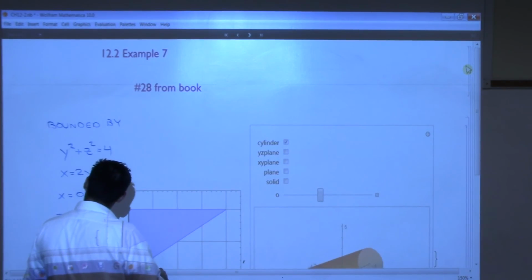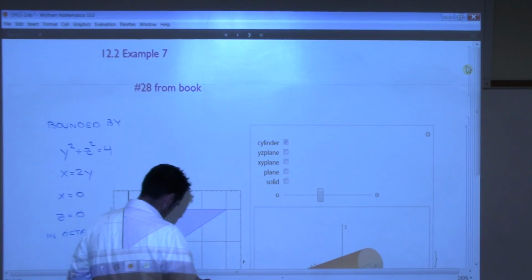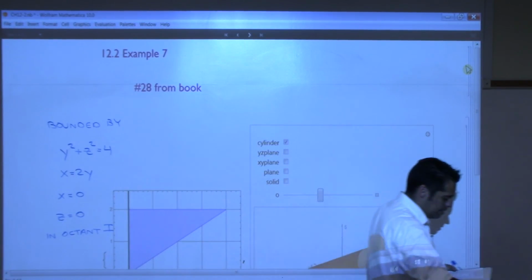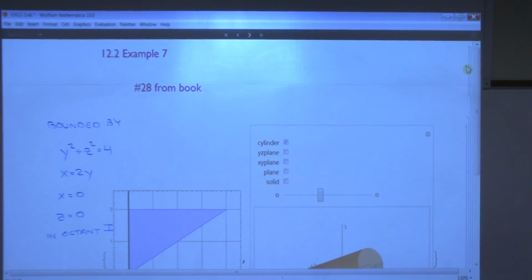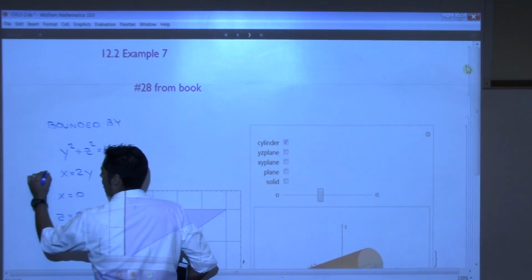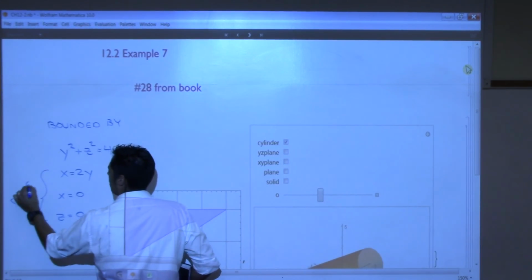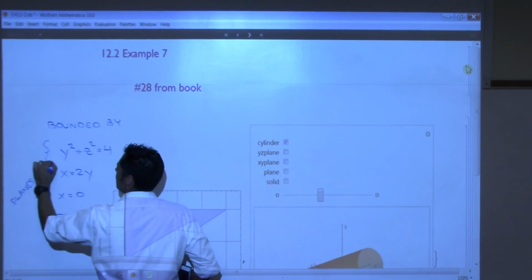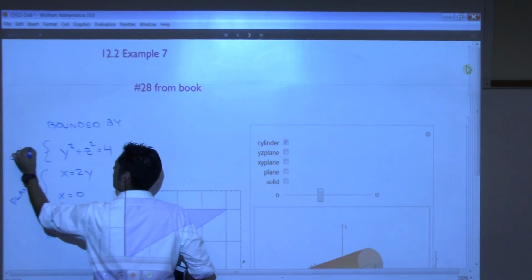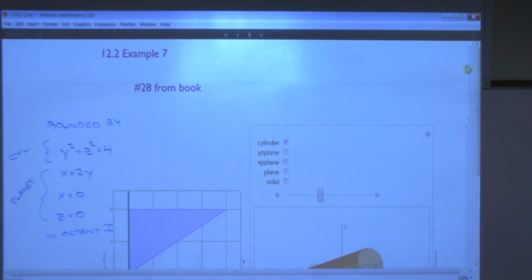And it's in octant 1. There is a solid that is formed by those things. I'll give you a little hint here. All of these are planes. And this is a cylinder. See, last hint, it's a double integral.